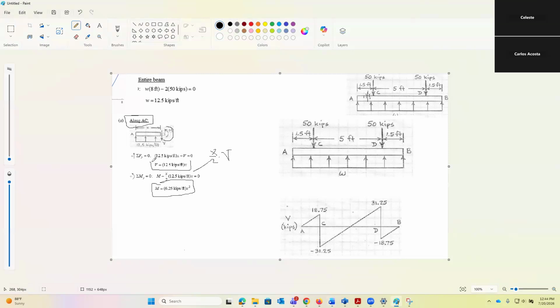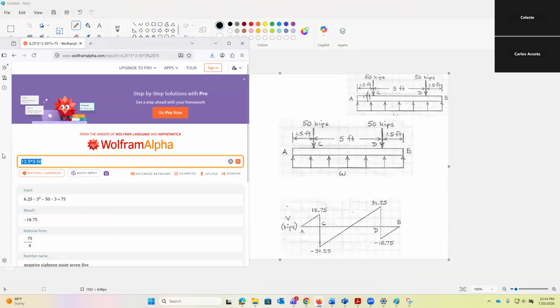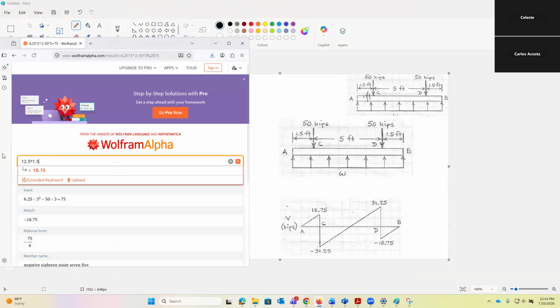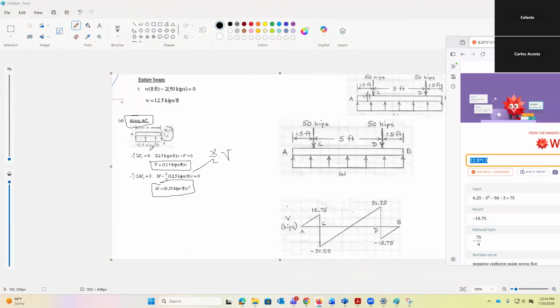Okay, so 12.5. 12.5 times 1.5 is 18.75. Cool. So that's why you solve in terms of x. Remember, this equation right here is for the distance from 0 to the point load.